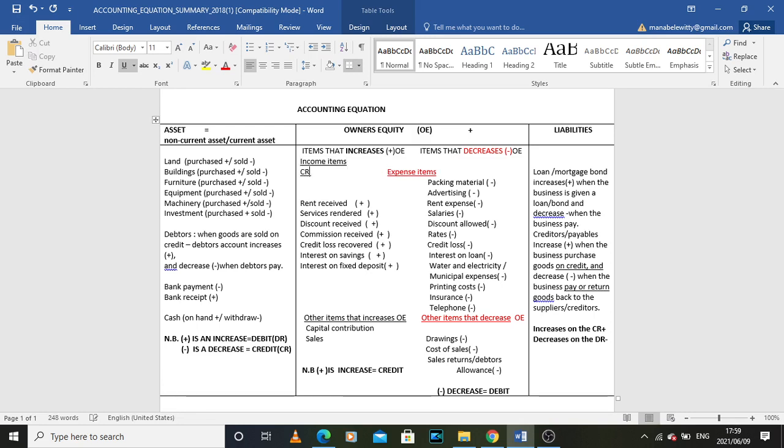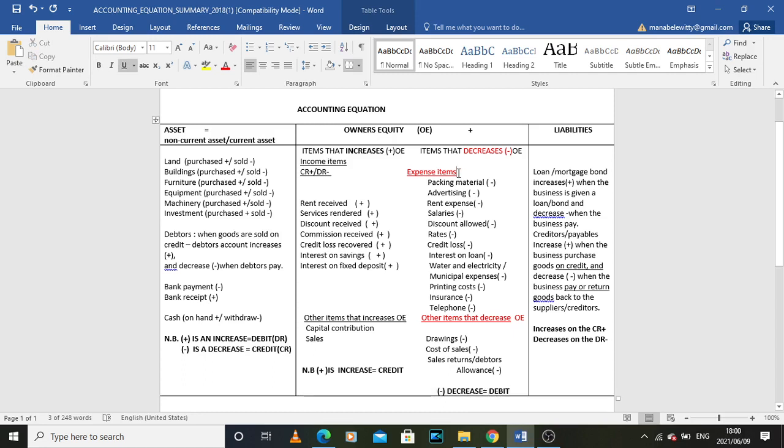So it seems like owner's equity behaves the same as liabilities. Okay, what are items that increase owner's equity? Incomes. They increase on the credit side and decrease on the debit side. Credit side is a plus sign, and debit side is a minus sign. So incomes behave the same as owner's equity.